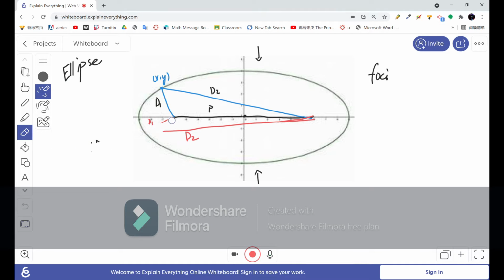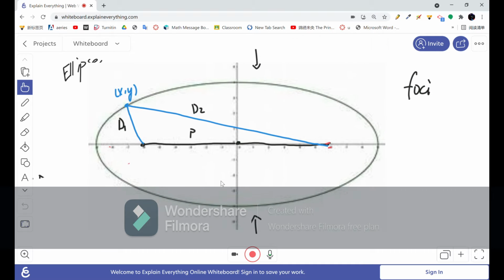Let me erase this, since we don't have too much space to draw everything. Let me expand this. Now we want to find p. So what is p? First we're going to pick the point over here, which is the end of the major axis.